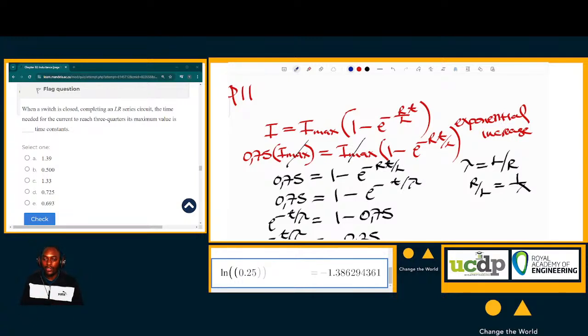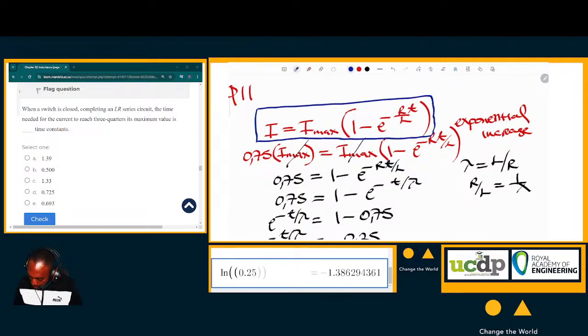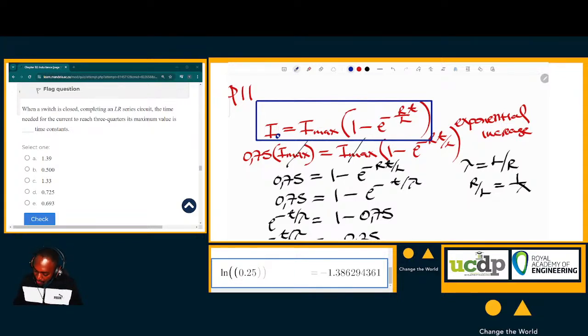The moment you close the switch, you expect the current to increase exponentially. And this is our equation which governs the exponential increase, where I is the current at this particular time.